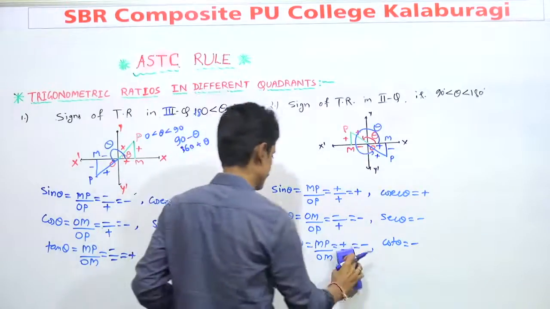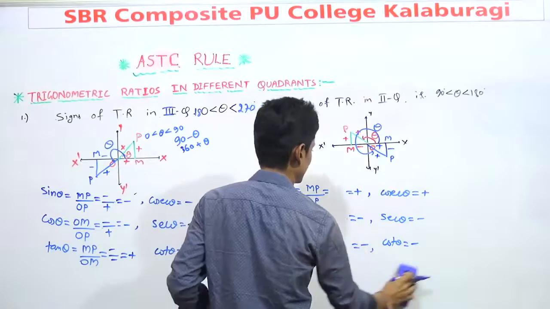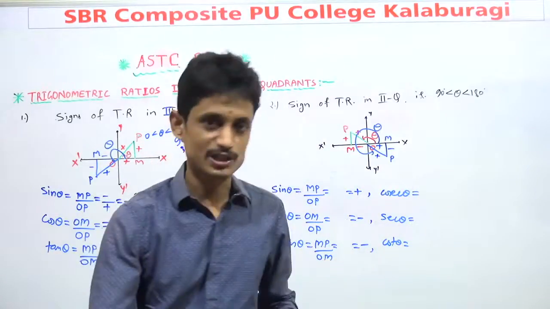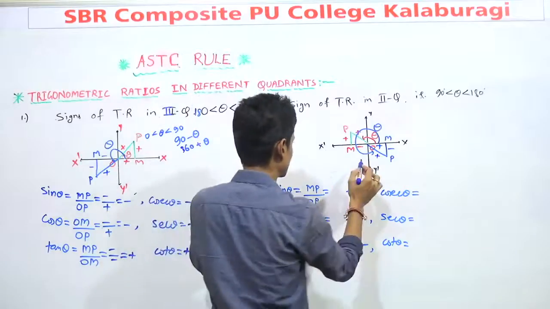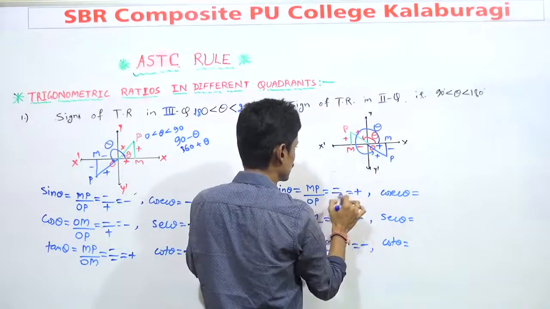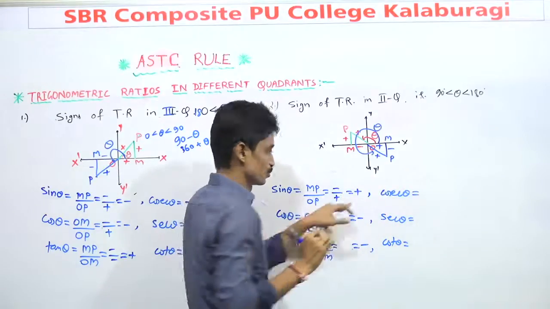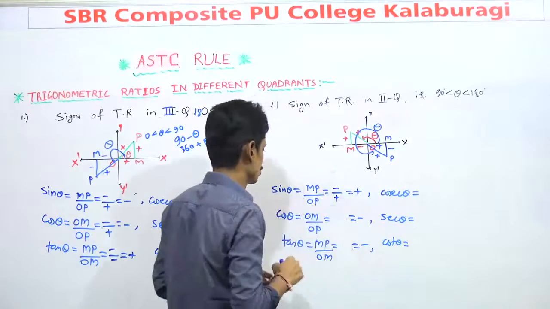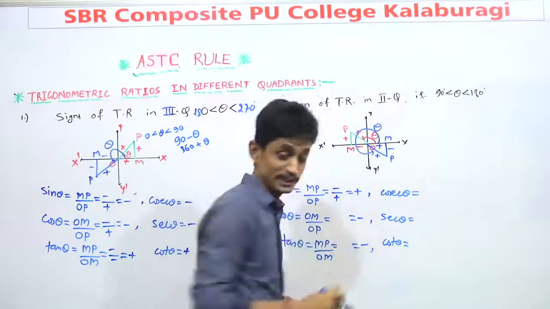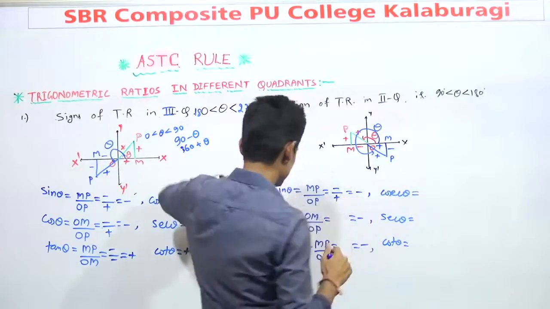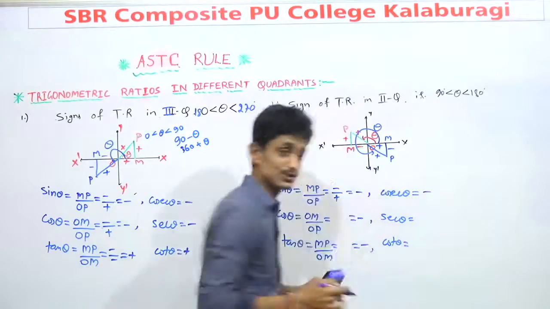Define now one by one what ratios we will get positive and what ratios we will get negative. Let us start. Sin theta is MP, a negative, upon OP, a positive, so positive and negative gives a negative quantity. We write negative. Similarly, cosecant is also negative.